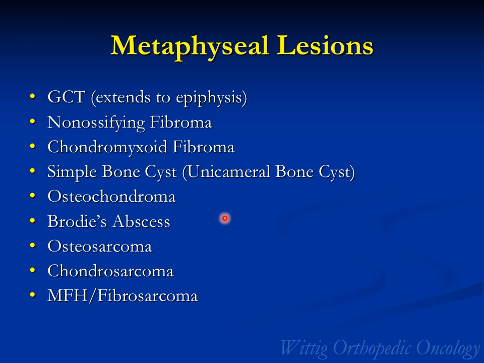This is a list of metaphyseal lesions: giant cell tumor, which extends to the epiphysis, non-ossifying fibroma, chondromyxofibroma, simple bone cyst, osteochondroma, Brodie's abscess, osteosarcoma, chondrosarcoma, MFH, and fibrosarcoma. MFH nowadays is called undifferentiated pleomorphic sarcoma.